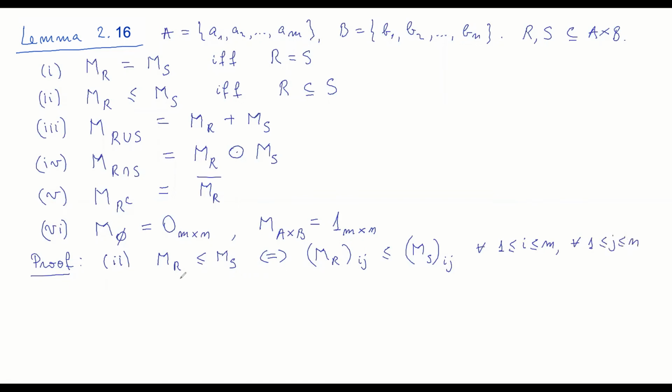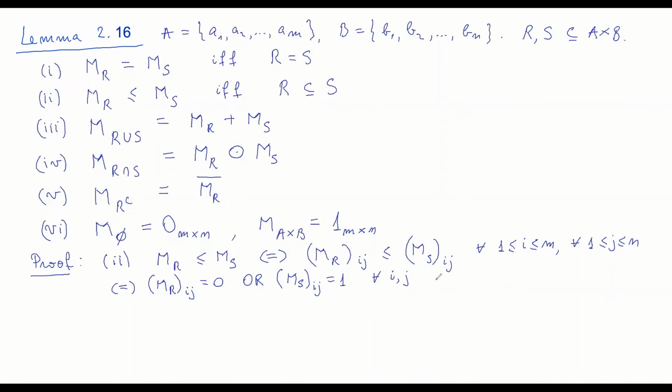And this was equivalent, we made this observation also last time, with MR ij being 0 or MS ij being equal to 1. It only takes one minute of thinking why this is true, but this is easy to see. And this is true for all i and j.